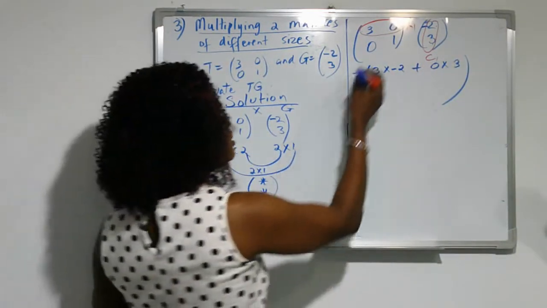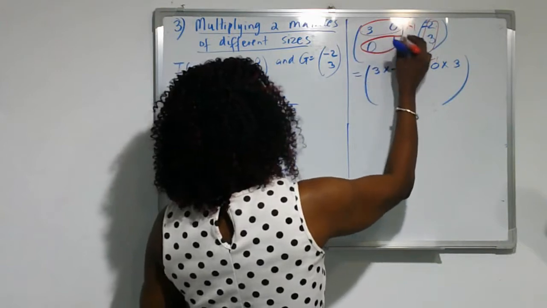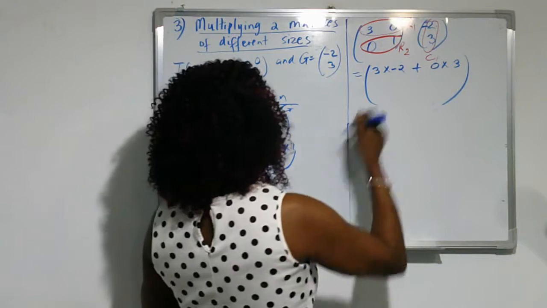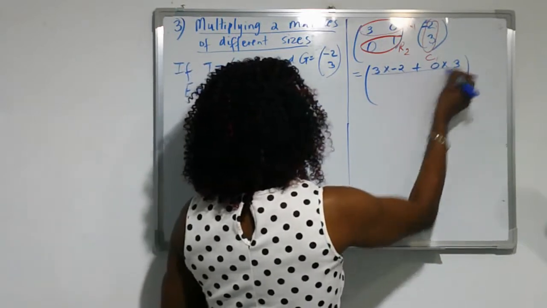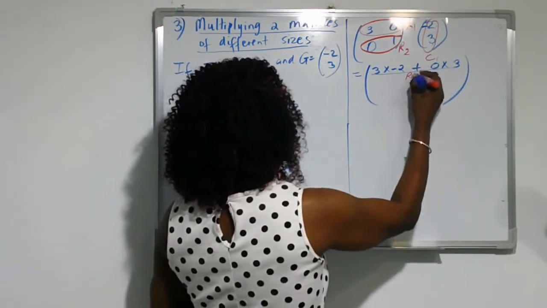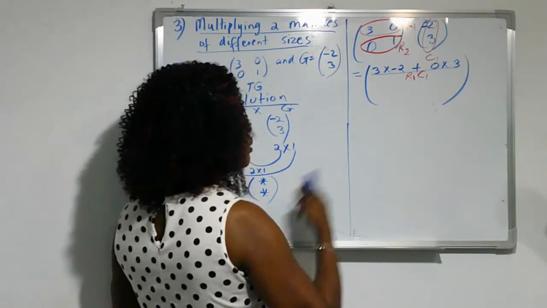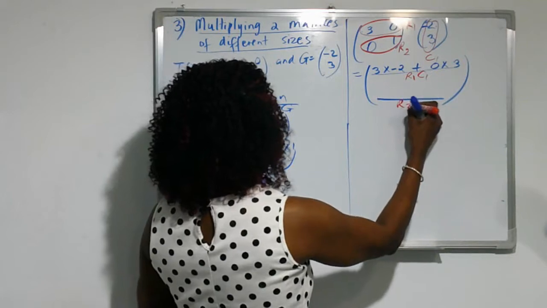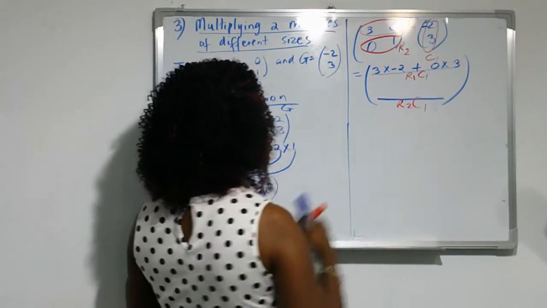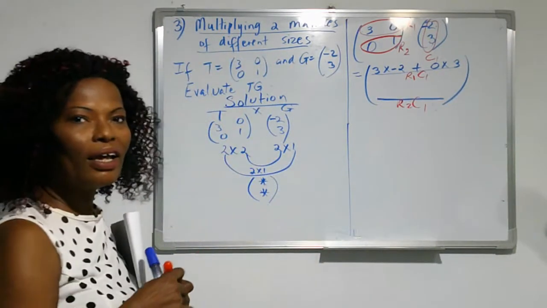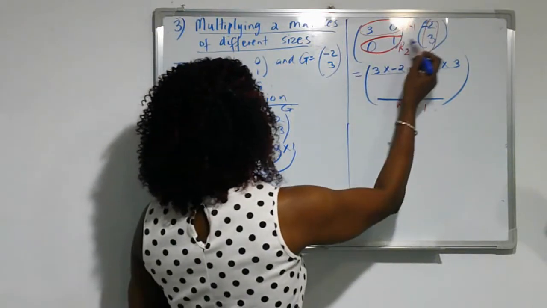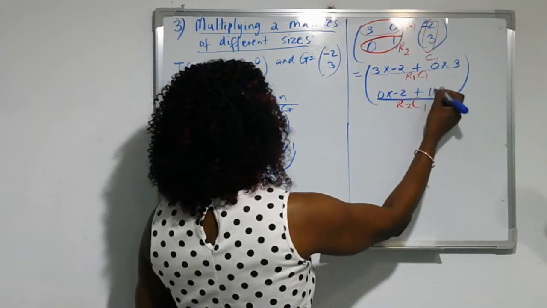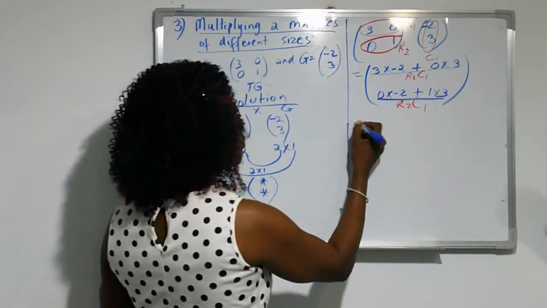Then we're going to multiply row 2 by column 1. So this is row 1, column 1, and we're now trying to find row 2, column 1. Again, first with first, second with second. 0 times negative 2 plus 1 times 3.